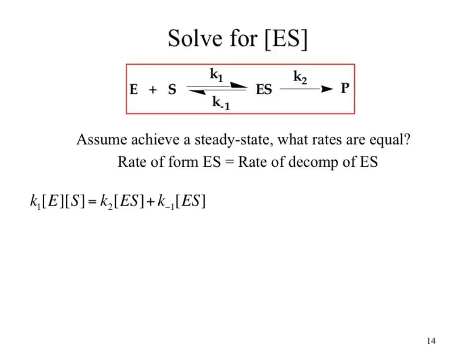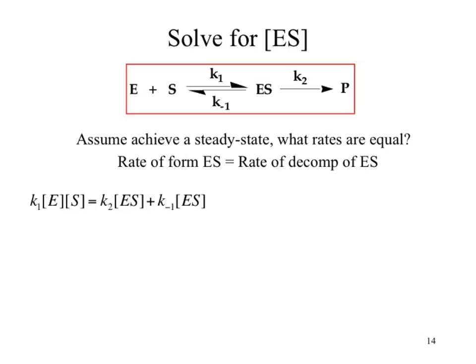So it's the sum of both of those rates that's actually going to determine your equilibrium. So what we end up with is this fancy little equation. Okay? K1 times the concentration of your enzyme times the substrate will equal K2 times concentration of the enzyme substrate complex plus K minus 1 times concentration of the enzyme substrate complex. Okay? So now what can we do with this?